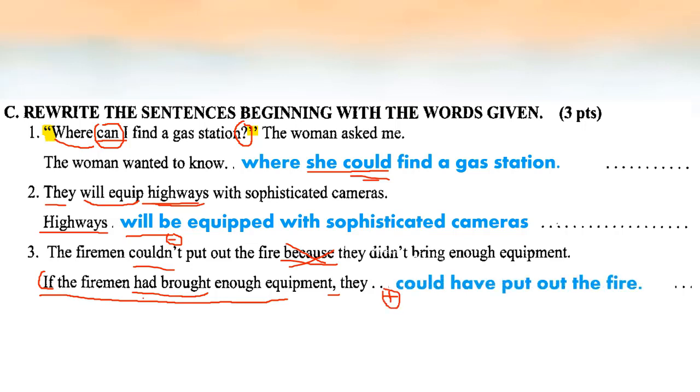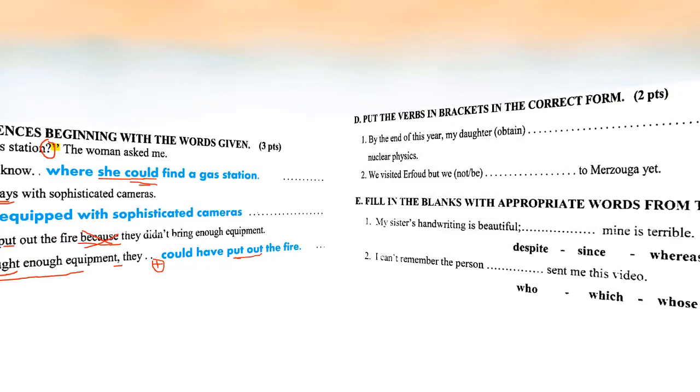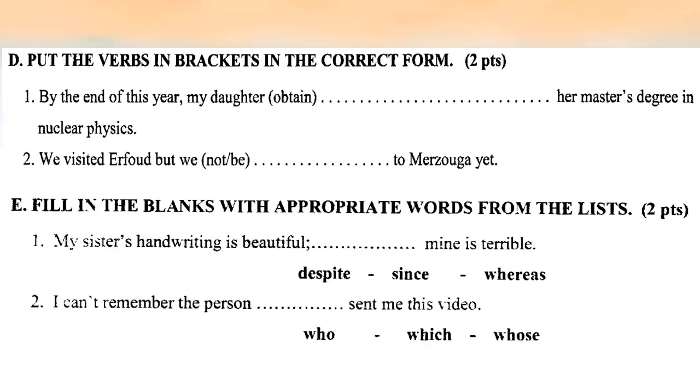We're going to use could. Negative becomes affirmative here, and we're going to use the form could plus have plus past participle. This is the past participle of the verb put because it doesn't change. Put out fire means to extinguish the fire, to stop fire.